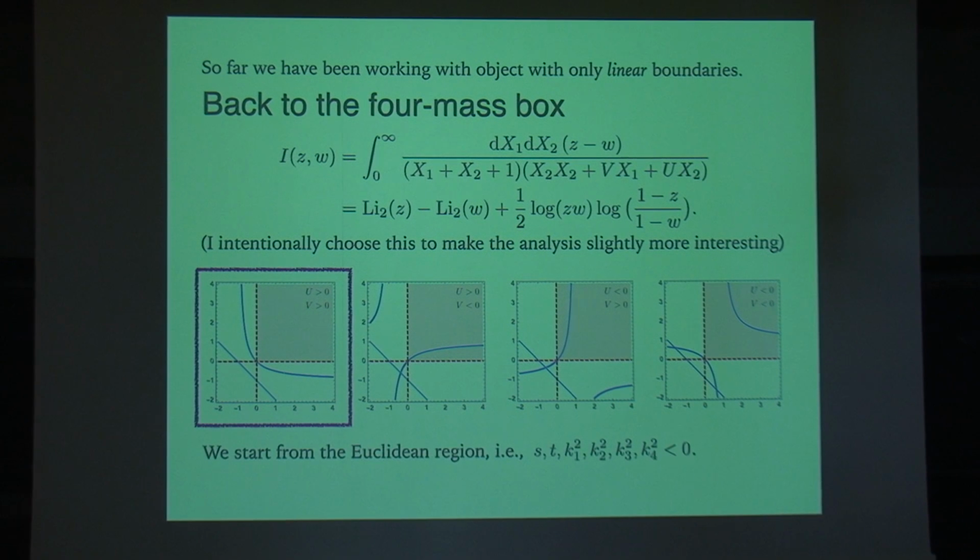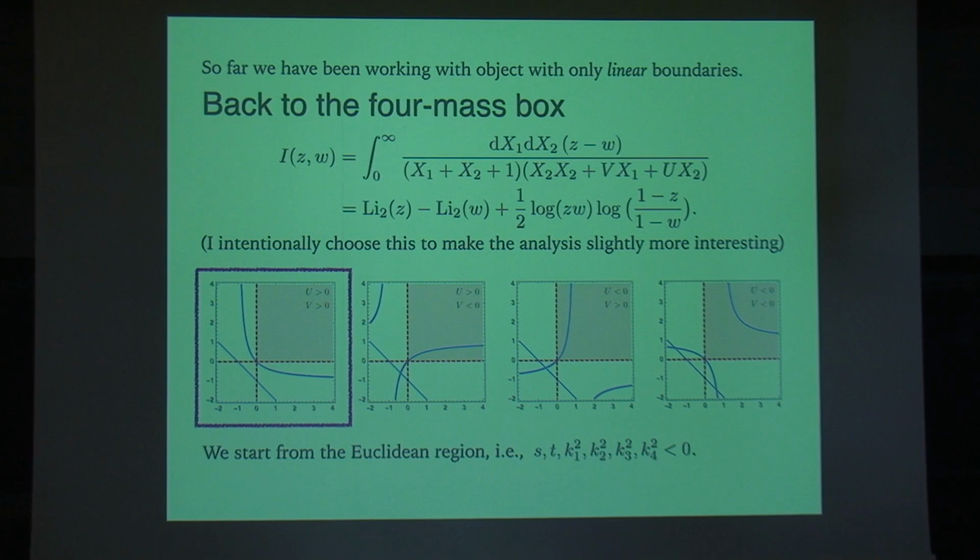And at the starting point, we are starting from the Euclidean region where we encounter no branch cut. And it is very nicely explained in this picture because there is just no non-trivial intersection between the integrand and the integral. Although here there seems to be an intersection, the region is of dimension 0.